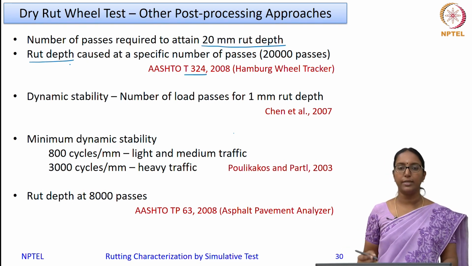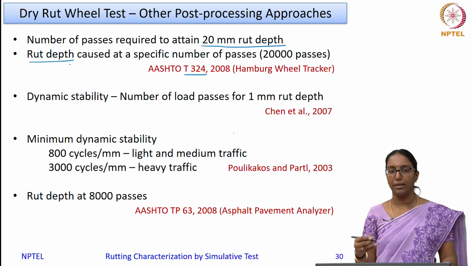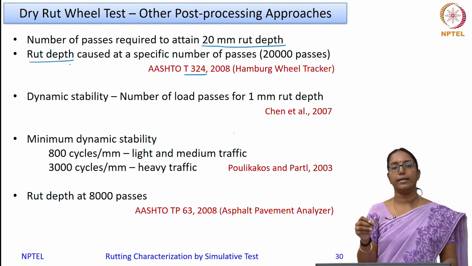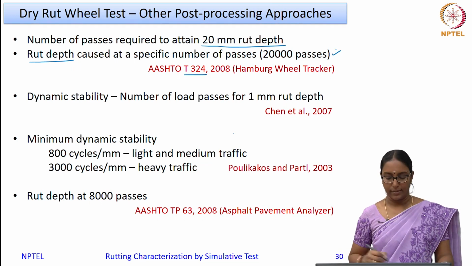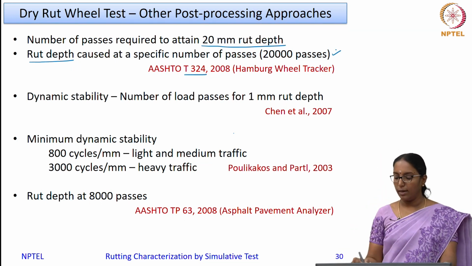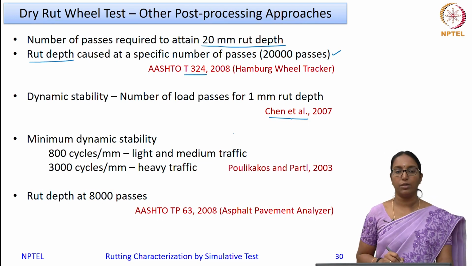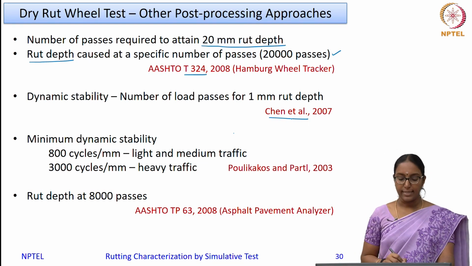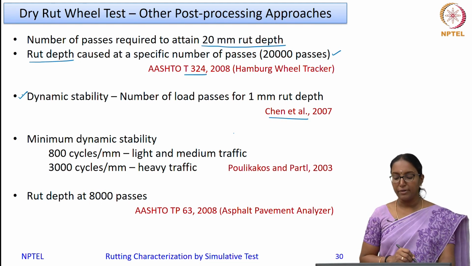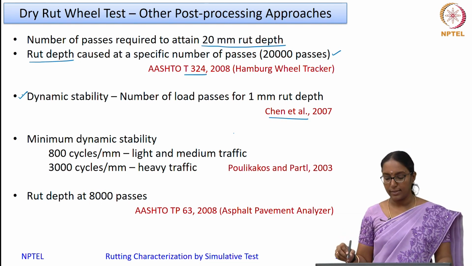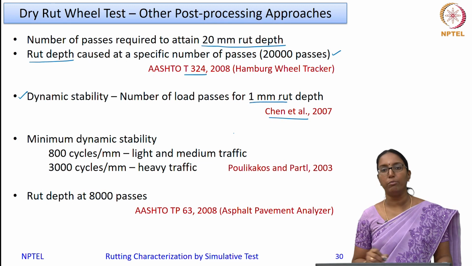Say for example, your test is for 10,000 cycles or 20,000 passes. The final rut depth reached at the 20,000 passes is taken as the criterion. Whereas in a study by Chen et al. in 2007, they established a criterion called dynamic stability. It is defined as the number of load passes that is required for a 1 mm rut depth.